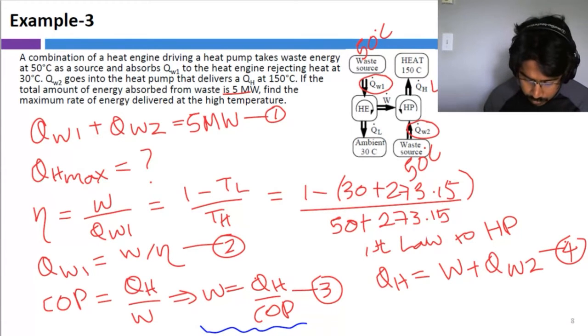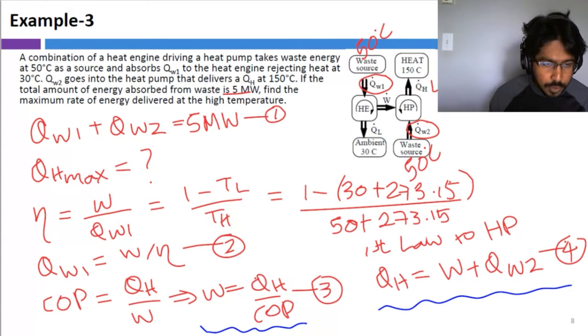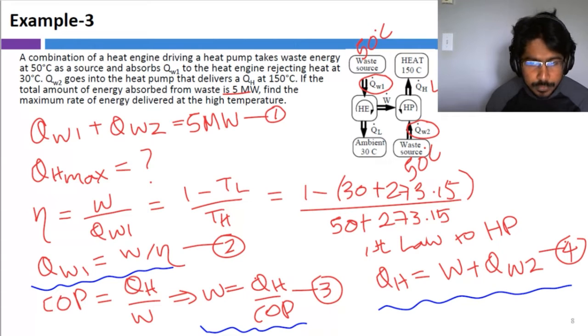So from 4 and 3, I will substitute for W in equation 4, right? And then from 2 and 4, I will get QW1 plus QW2, which is equal to 5 megawatts. So if I have that set, then I will be left with all the known parameters to calculate QH.